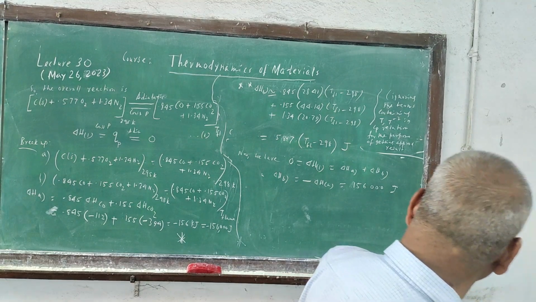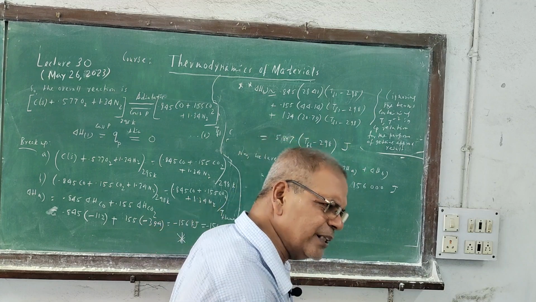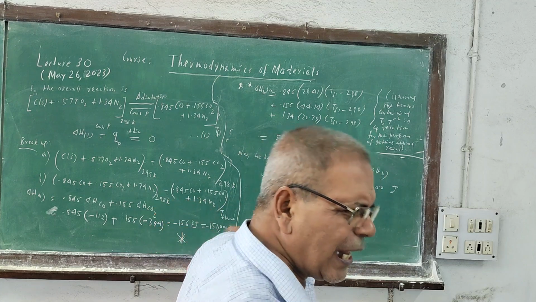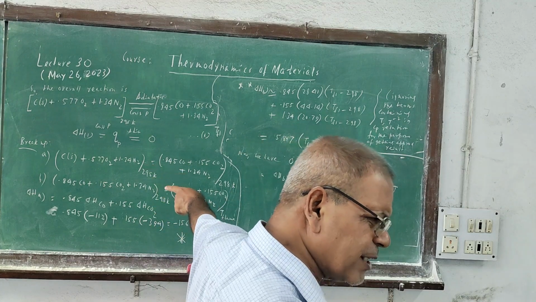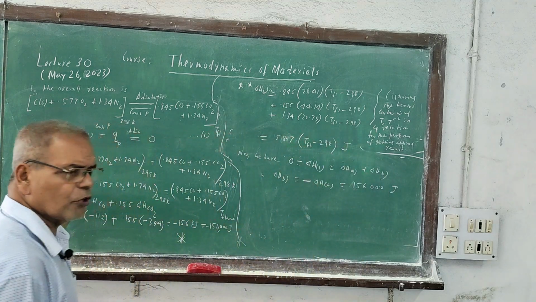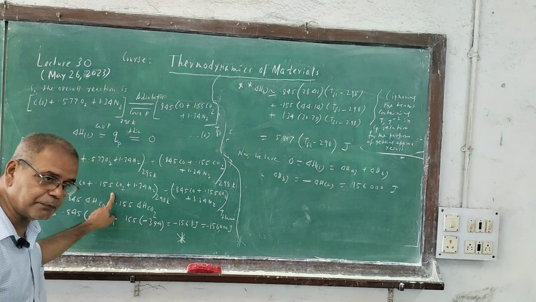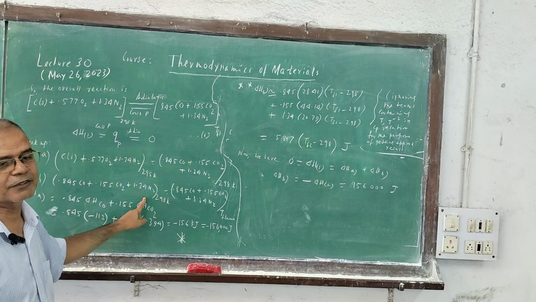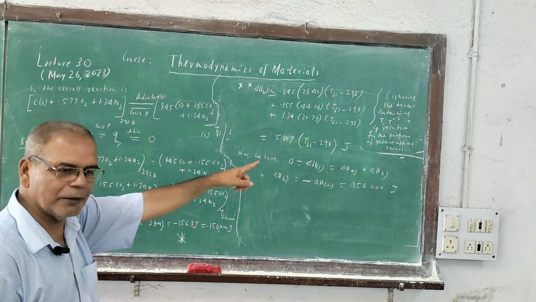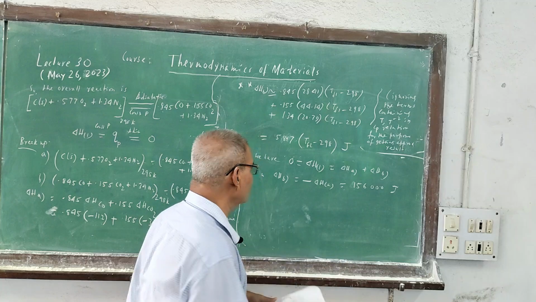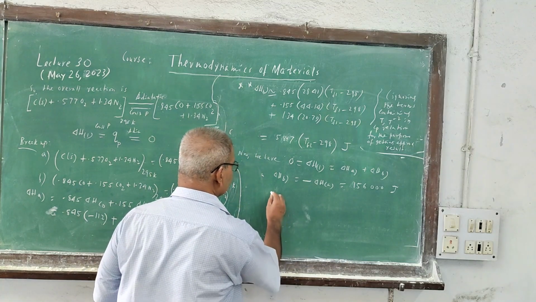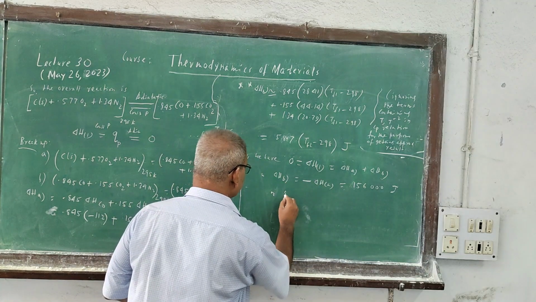For this reaction, see how many moles there are. These are 0.155 moles. All are joule. So delta HB is what you have written, 58.7.